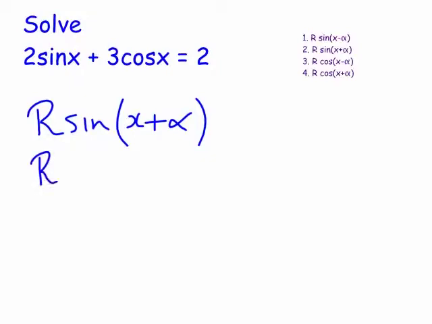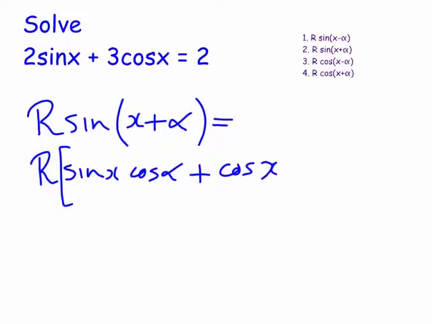So this will be equal to R sine, I'll put the brackets, put the r right at the front, x cos alpha, now plus, we obviously swap around, cos x, and then sine of alpha.